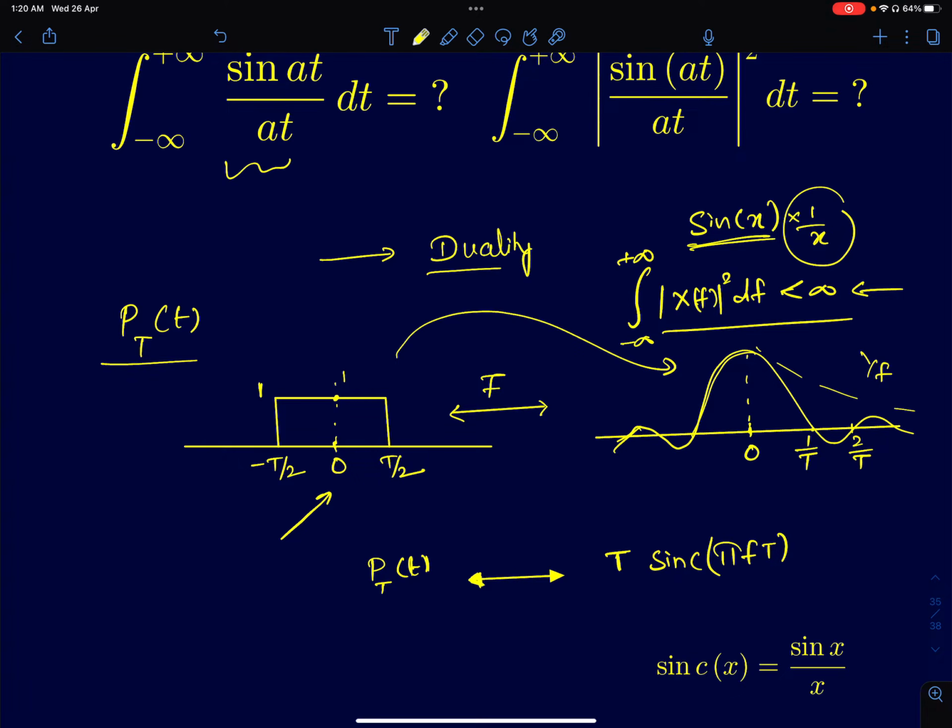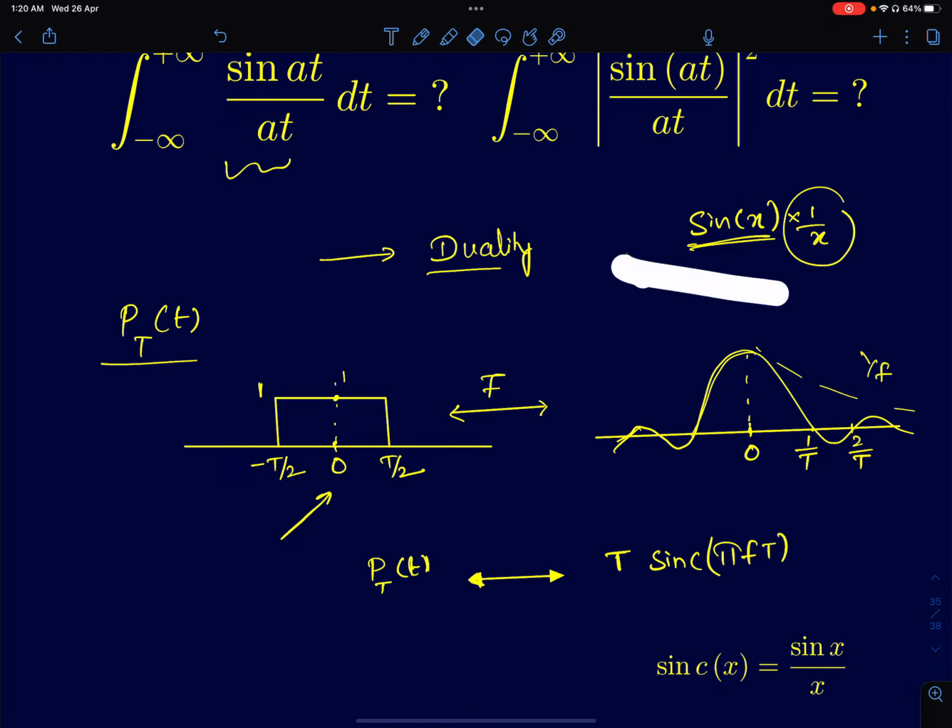Some very simple things that you have to understand for the sinc function: if you take a pulse function of width T seconds, then in the frequency domain you will have zeros of the sinc function at integral multiples of 1 by T. So that's one thing.